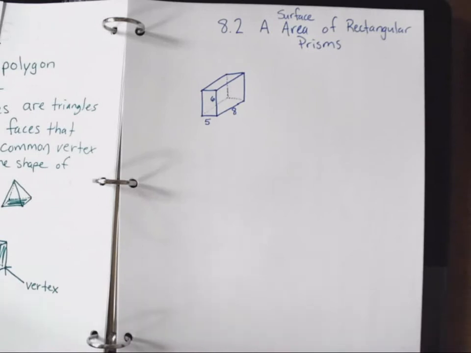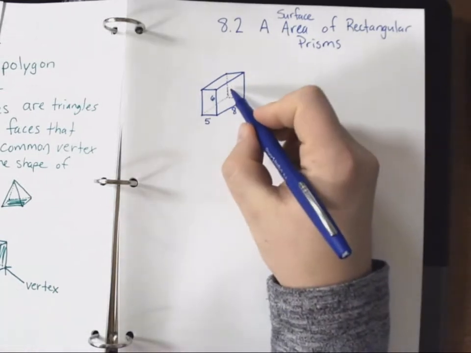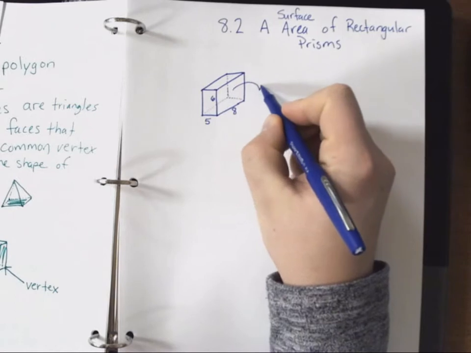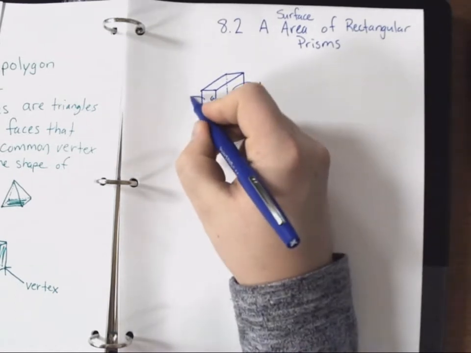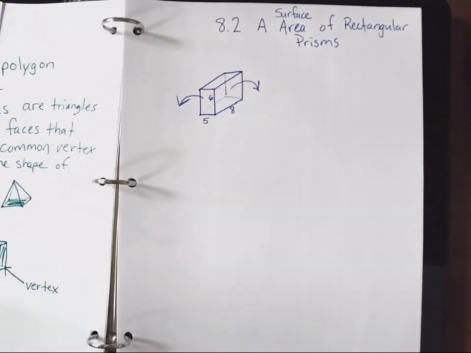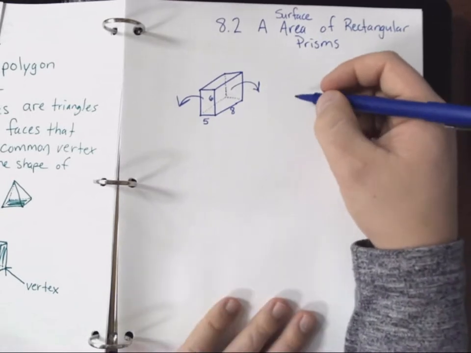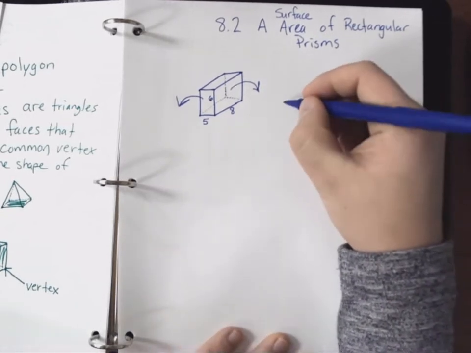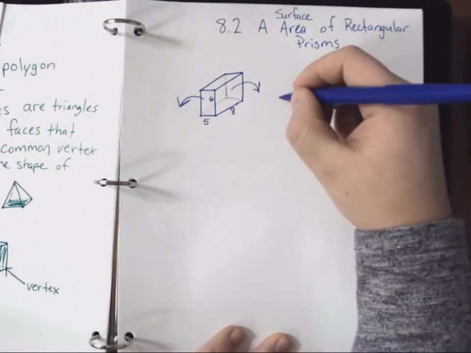Just like when we found the area of shapes before, we are just finding the area of the flat surfaces. So I want you first to imagine that we are going to cut and unfold this rectangular prism, kind of like we did the other day. It would give us a shape that looked kind of like this.